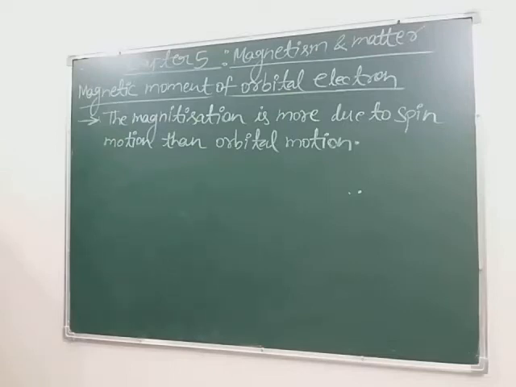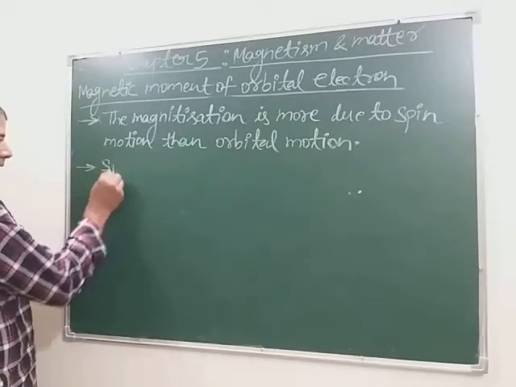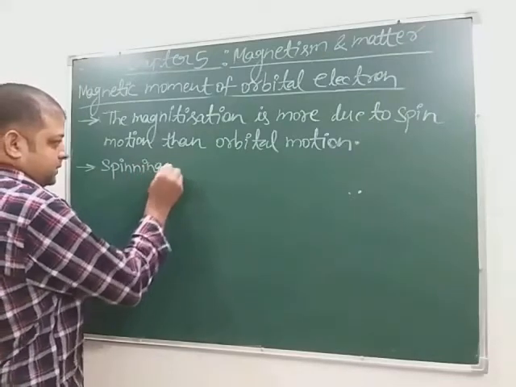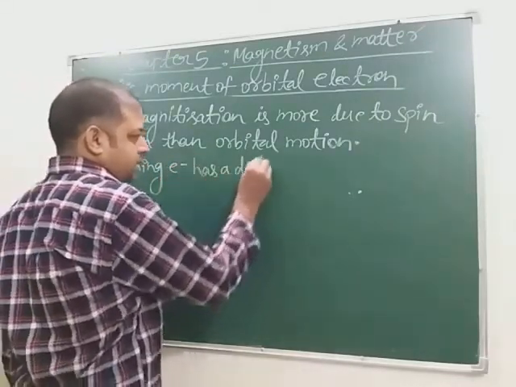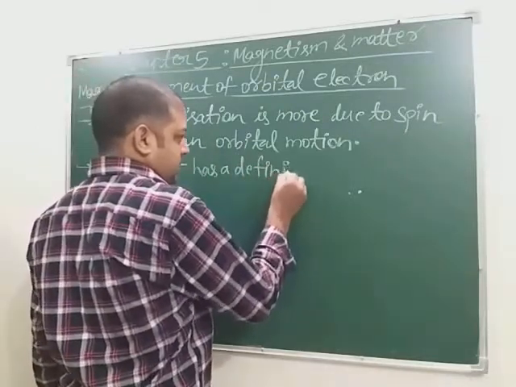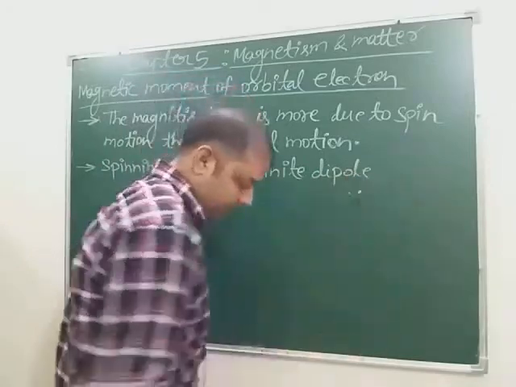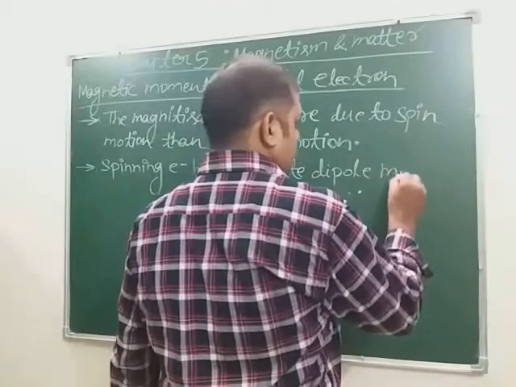Then the next one is: the spinning electron behaves like a current loop which has a definite dipole moment.